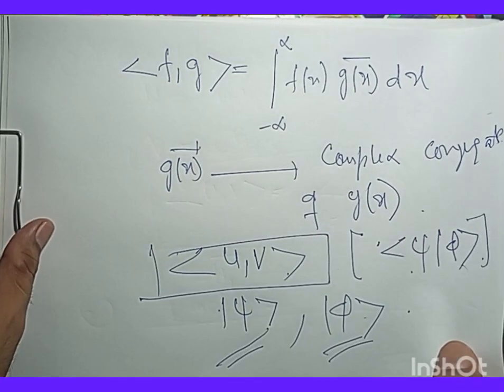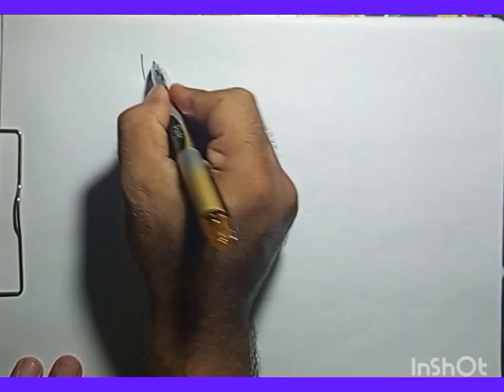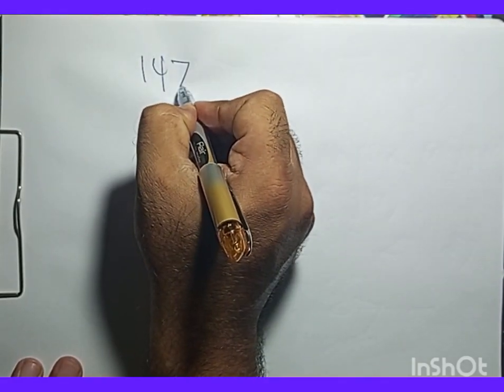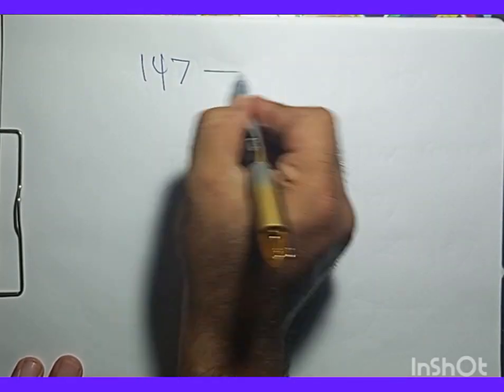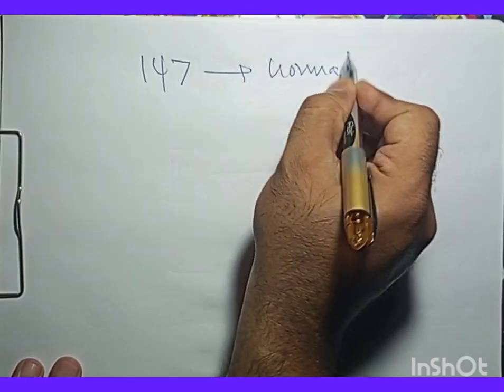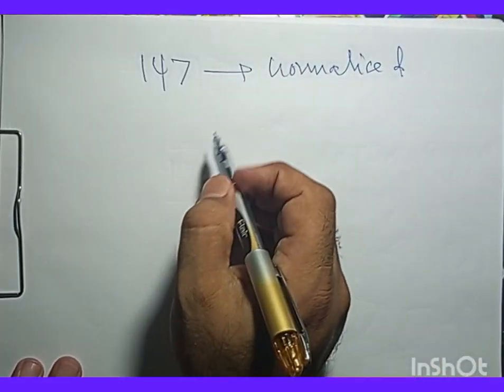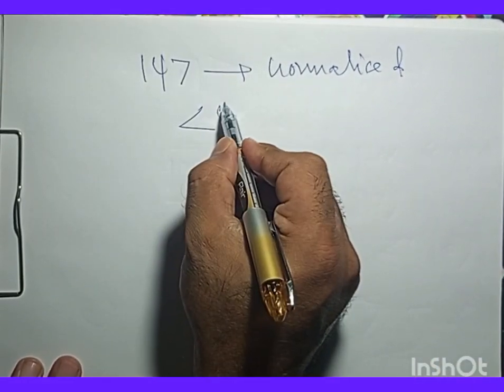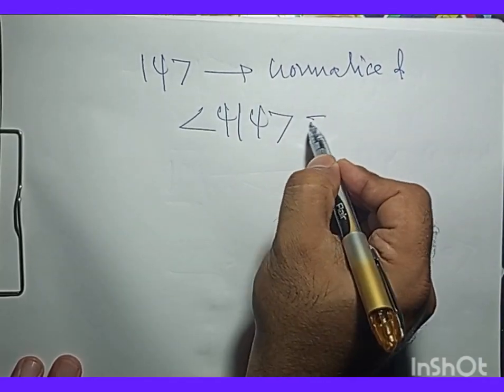And the next important thing here is normalization. The state psi that I have defined here is normalized. That means its inner product, psi with psi, must be equal to 1.